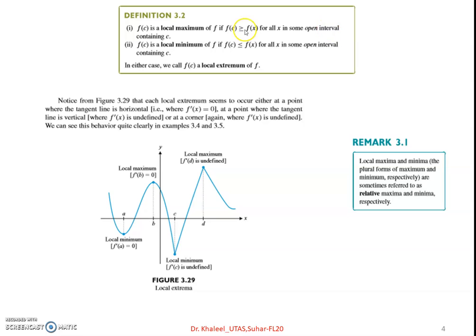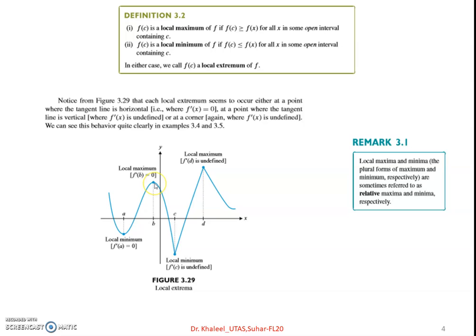What is this open interval for this question? You see this example. You take part of this graph, not the entire graph. You take only this part of the graph. When you take this part of the graph, what is your open interval? The open interval is from here to here.